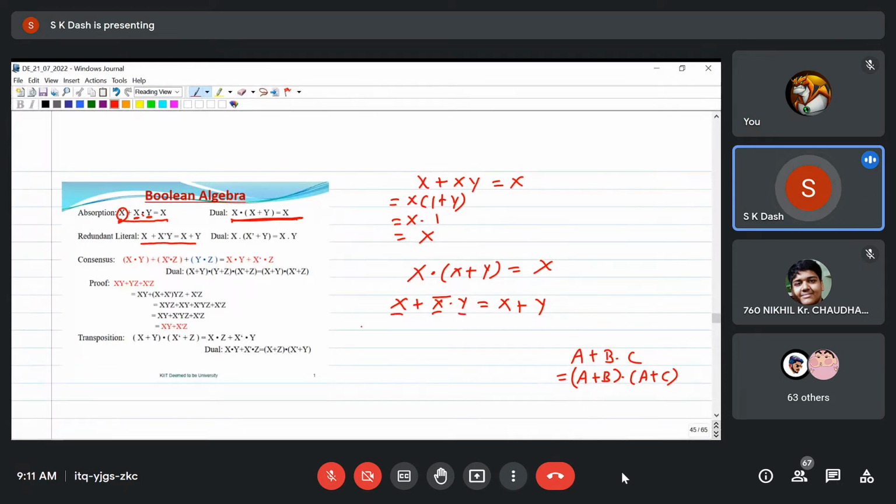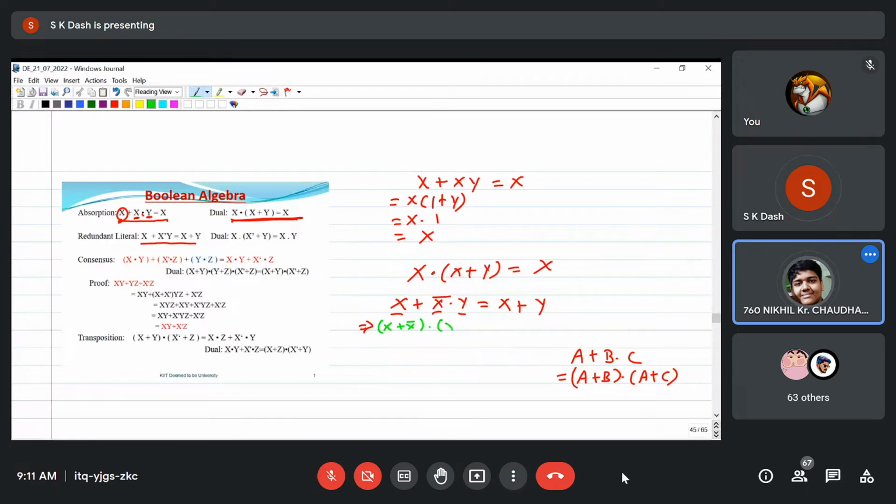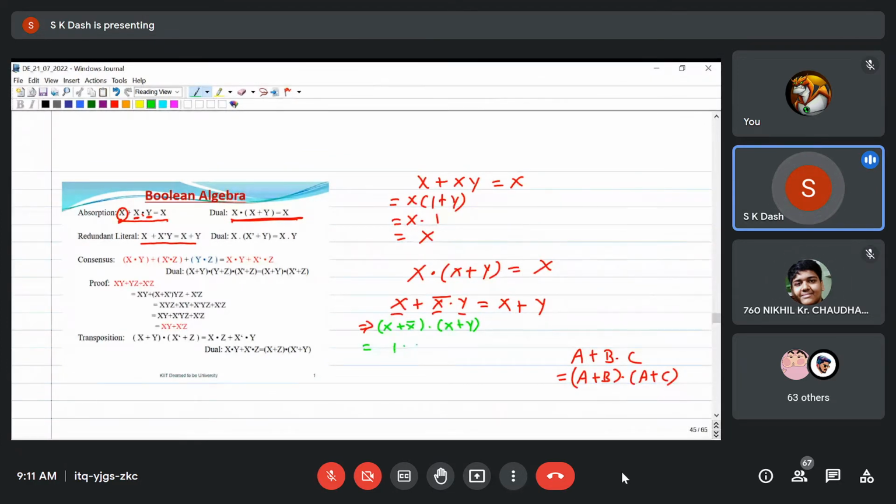So on the LHS, if we apply distributive, what can I write? (x plus x bar) dot (x plus y). But x plus x bar is always equal to 1. So this will be equal to 1 dot (x plus y). So (x plus y) dot 1 will always be equal to x plus y only.